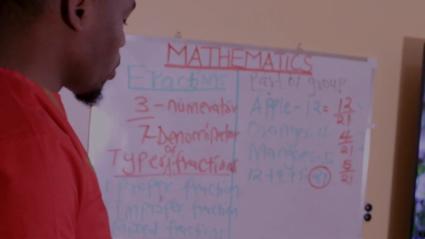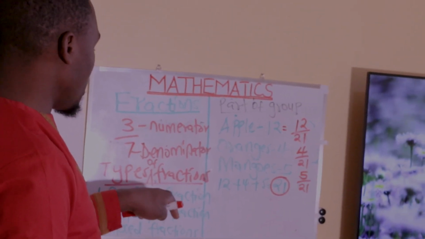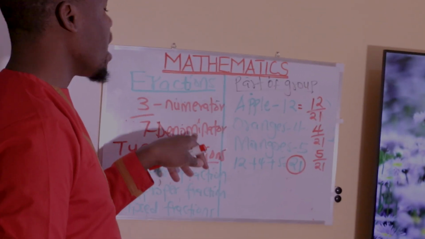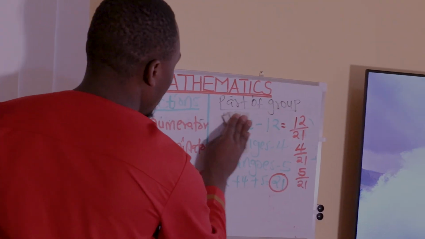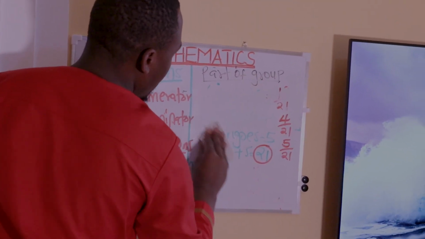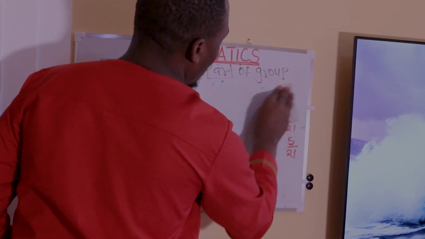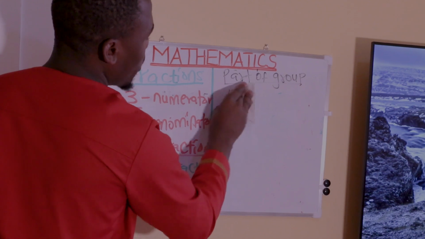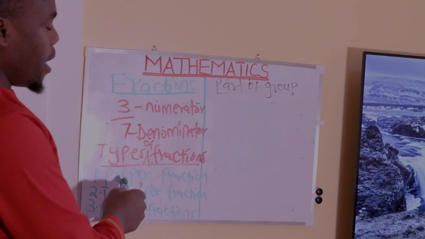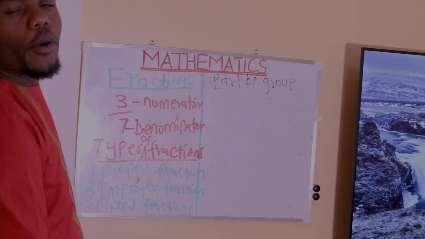Now, what is going to guide us to differentiate these types of fractions is the numerator and the denominator. For that reason, let us discuss the first type, the proper fraction. How can you tell a proper fraction?